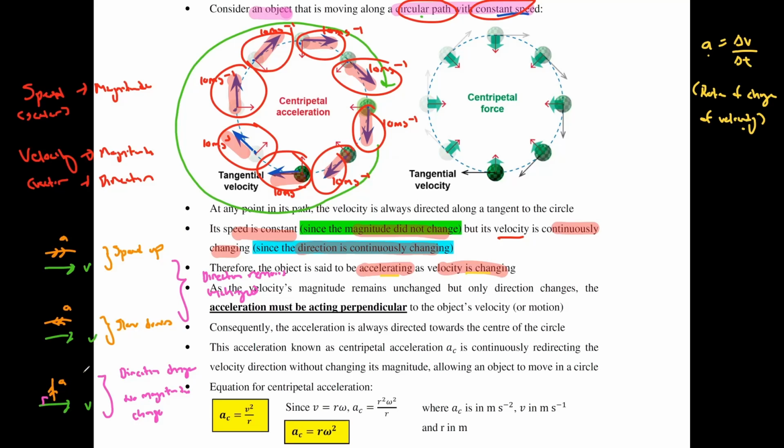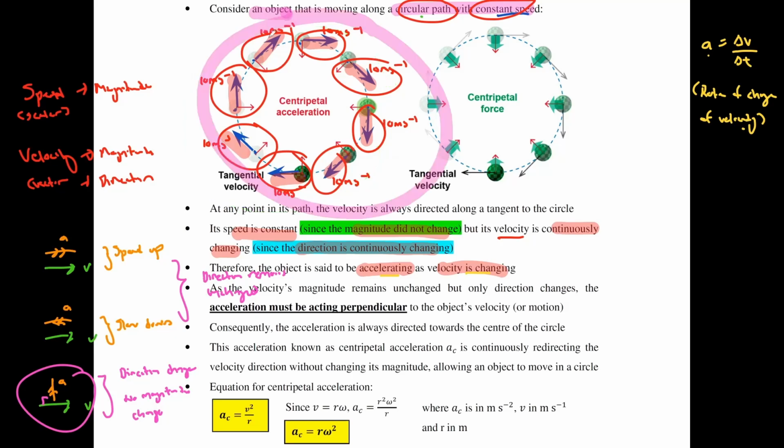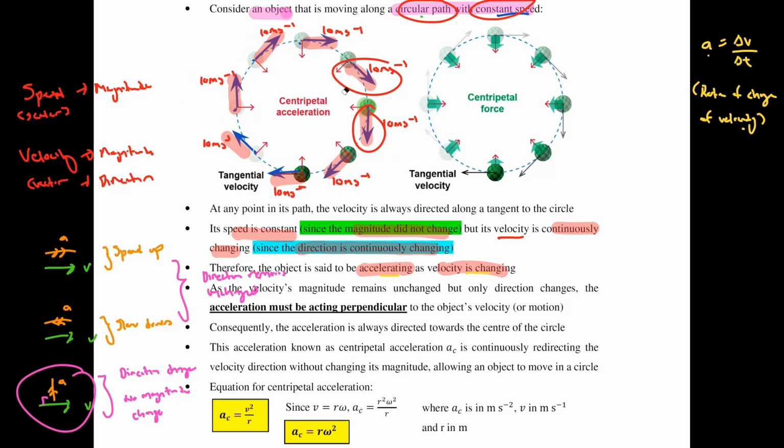Okay, so if you look back at the circular motion described in the question right now, the magnitude never changed, right? It remained at 10 meters per second throughout, but the direction was changing. Okay, so because of that you can deduce that the acceleration must be acting perpendicular to the object's velocity or motion.